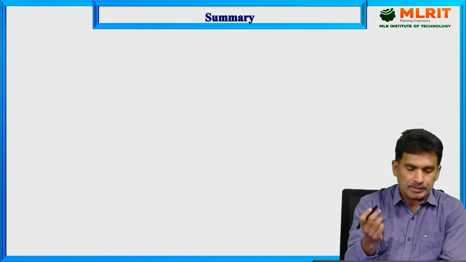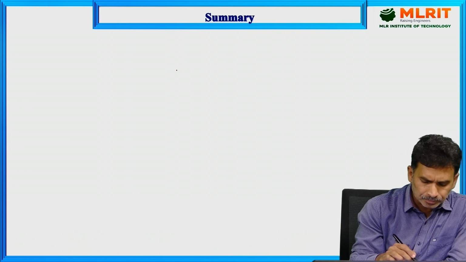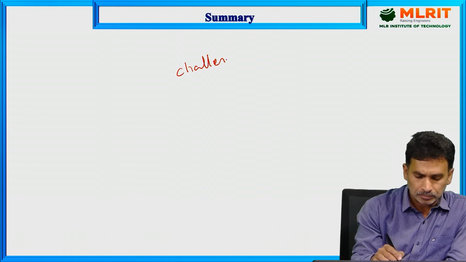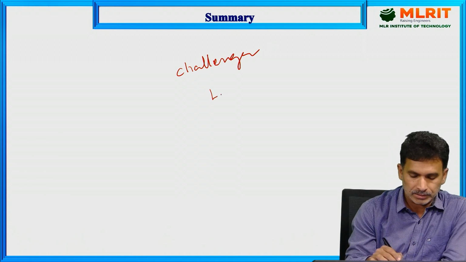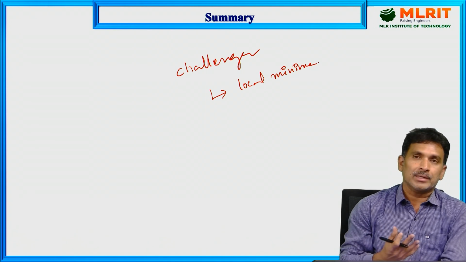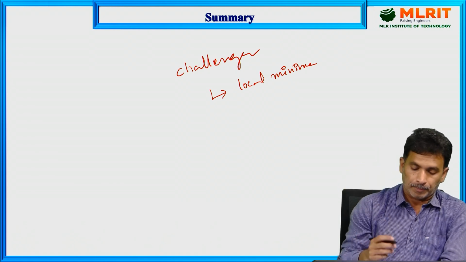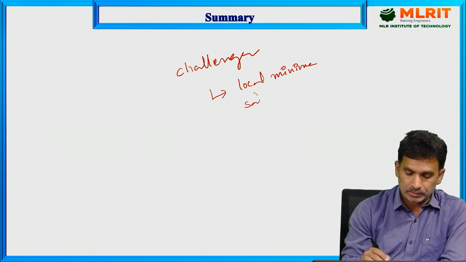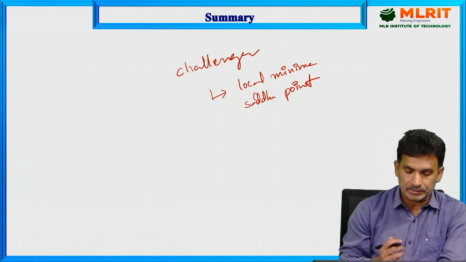So in this lecture we discussed mainly the challenges in the gradient descent algorithm. The major challenge is local minima, where we discussed convex and non-convex functions, and the saddle point, and how it affects the gradient descent algorithm.